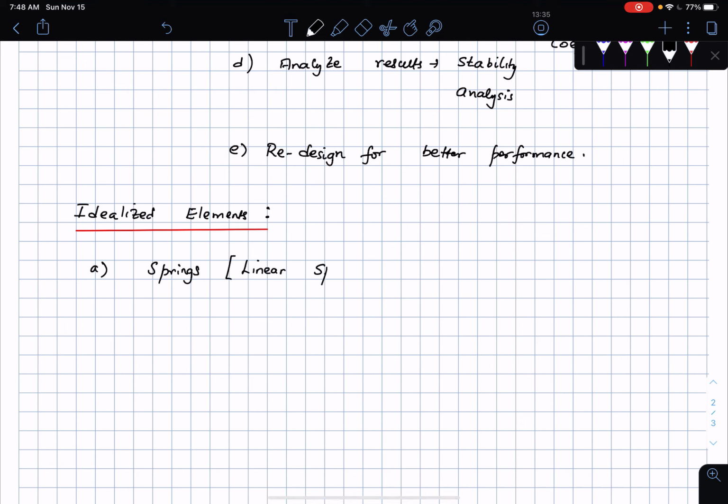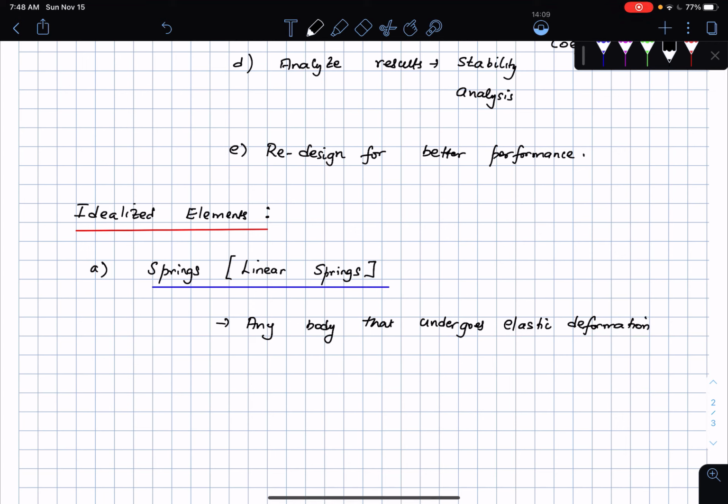Now, the very nice thing is that any body that undergoes elastic deformation can be modeled as springs, or linear springs.